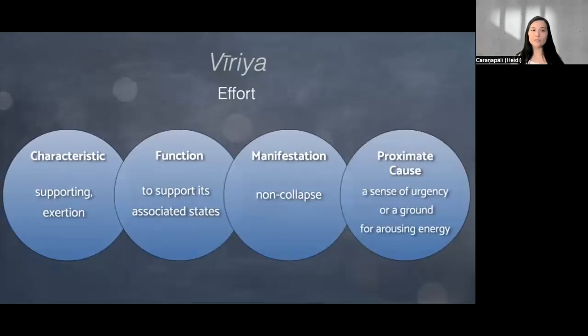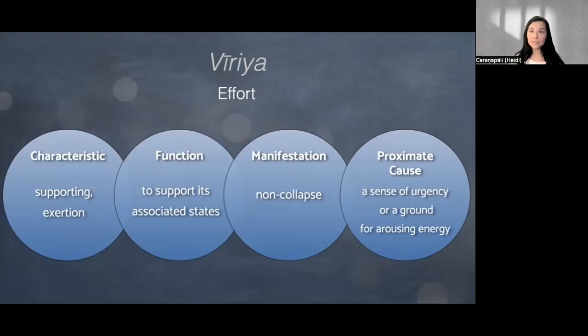Or we think, when I'm doing that job, then I cannot practice meditation, so when it is finished, now it is time for me to practice meditation. So there is some encouragement or some situation that one feels a sense of urgency or ground for arousing energy. I must do it now because later I can't do it. So those are the proximate causes for the arising of energy or Vīriya.